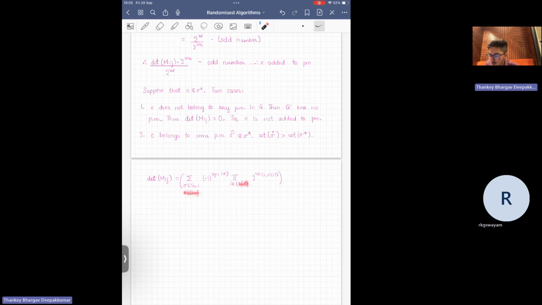So I obtained G prime by removing I and J from G, but here I have confirmed that sigma I has to be equal to J, at the time of taking the summation. So what I am saying is the following. There is a one-to-one correspondence between the perfect matchings in G prime and the perfect matchings of G containing E. That's what this equation is saying.